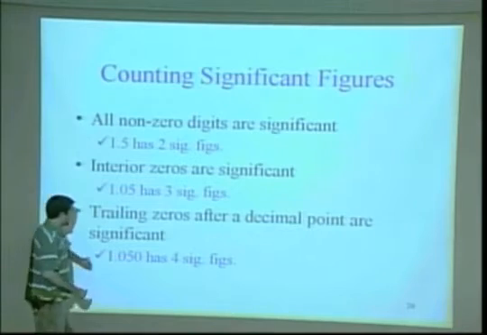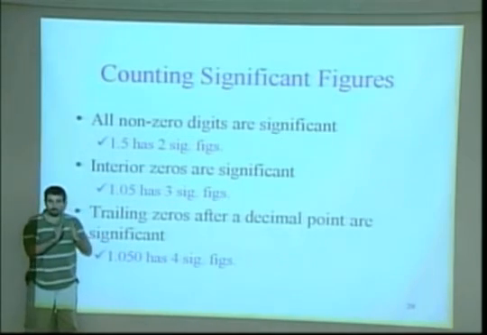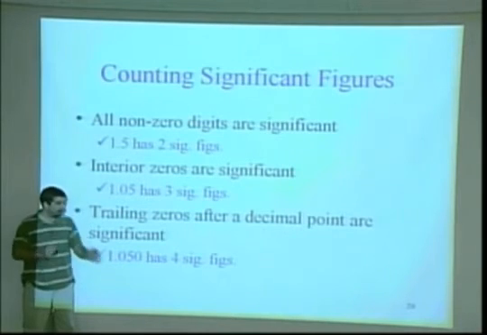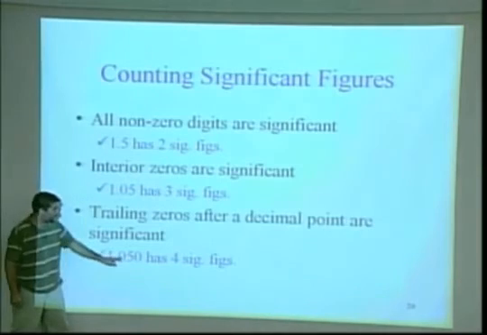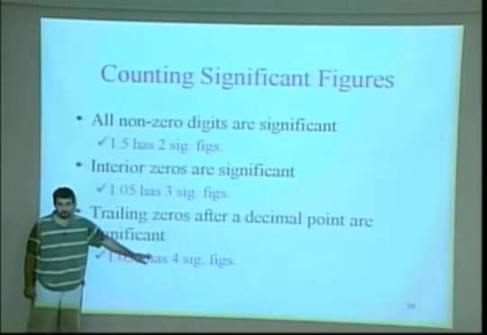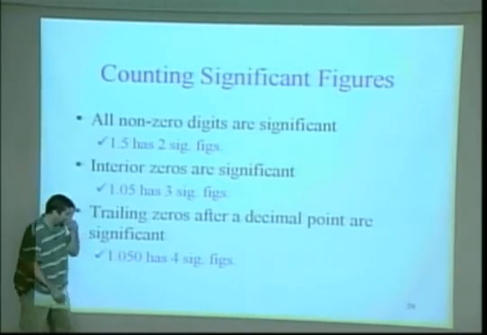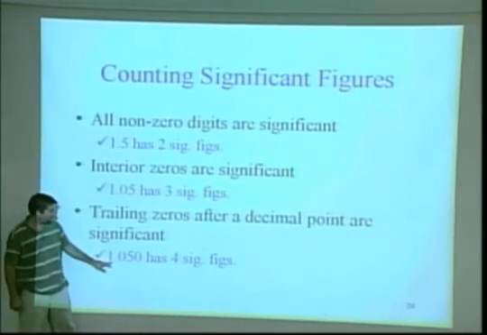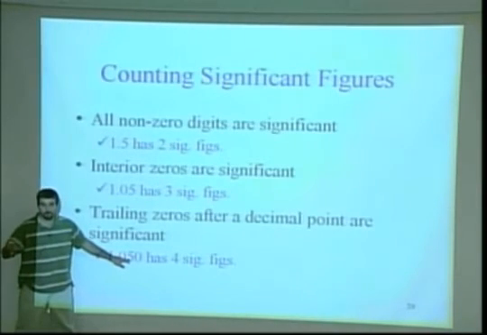Trailing zeros after a decimal point. If I put more zeros on this, do I narrow my window? If I change it from 1.050 to 1.0500, am I increasing my certainty? I am. That's more specific, right? As opposed to just one 0 after the 5, my range would be from 1.049 to 1.051, right?